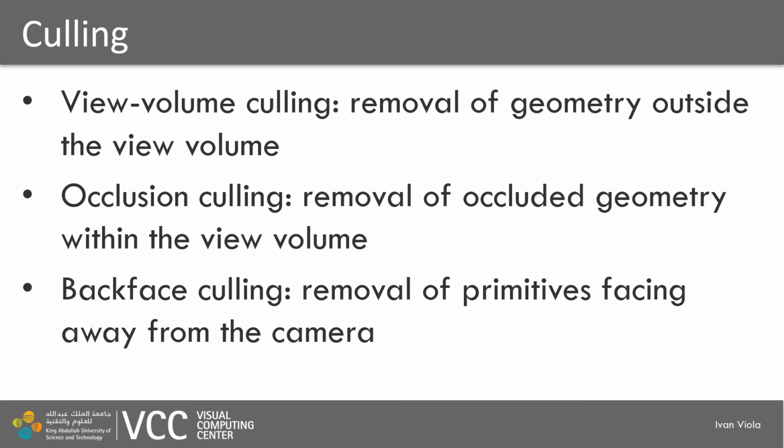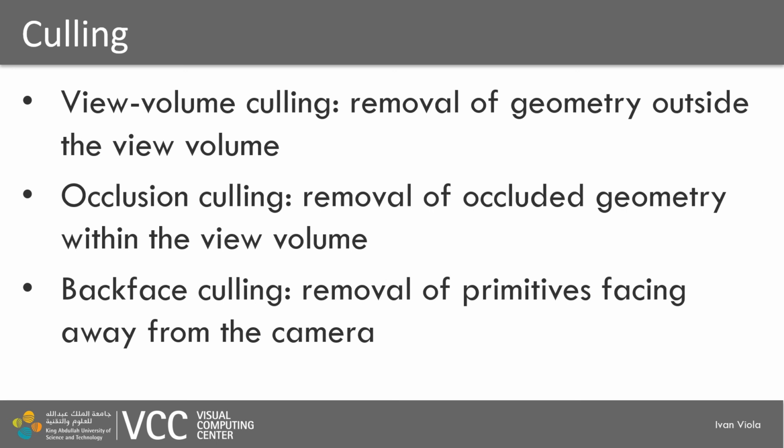Finding out that they are outside, maybe by some bounding geometry for simple calculation, we can remove them from consideration and not draw them, and not send their primitives for rasterization or for transformation or for per fragment calculations.